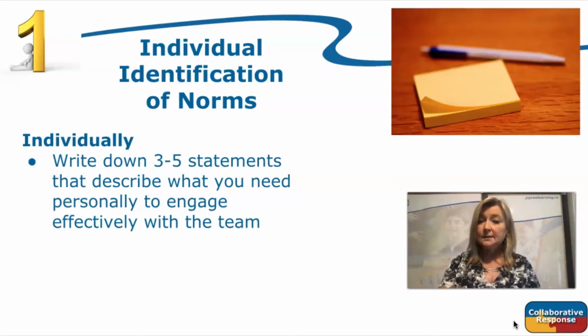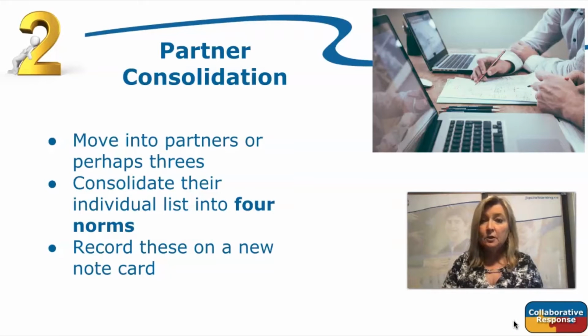Once your individuals have written down their statements, then you have them, step 2, jump into a partner consolidation. So this is about being able to partner with another person in the room.